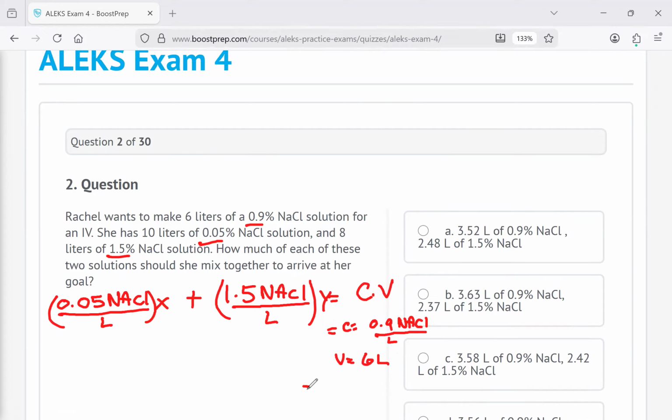So that's going to equal 0.9 NaCl over liters. And then the total volume, I believe it was 6 liters because she wants to make 6 liters. So I'm going to replace this V with 6.